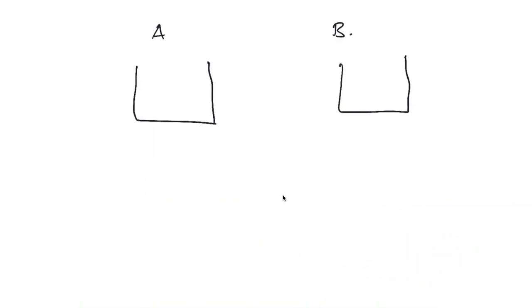Now, there are two bags, bag A and bag B. Bag A contains 3 white and 4 black balls. Bag B contains 3 black and 4 white balls, right?